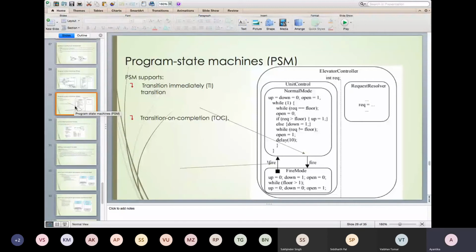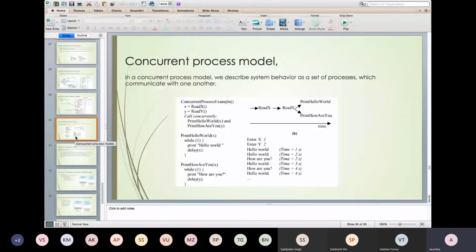And then, of course, this is another example of request resolver and unit control. Those are going concurrently. Now we know that in mostly each of our examples, we understand this concurrency we need to handle in a smart way. This is another example where we are considering two concurrent processes.